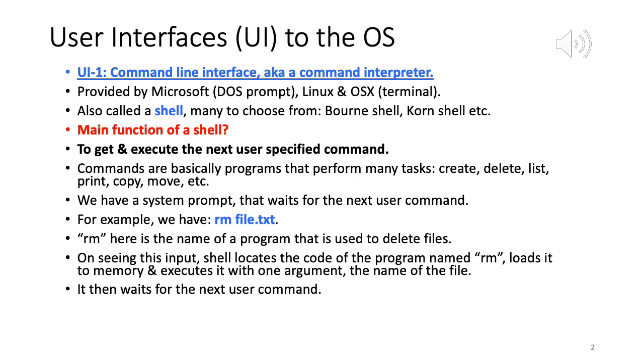So first we talk about UI number one, command line interface or CLI, also known as the command interpreter. You would definitely have taken GE 103, Introduction to Computing and Data Structures. So there you would have programmed in C, I suppose.